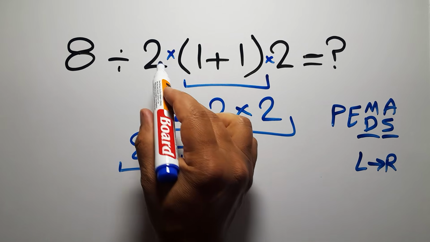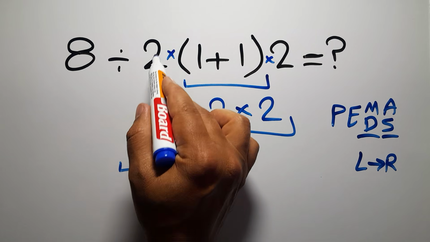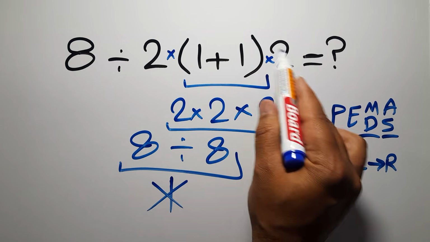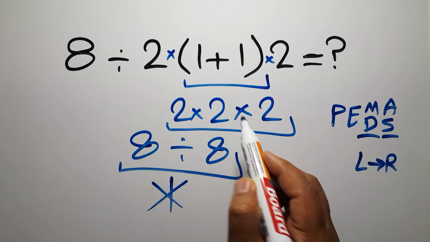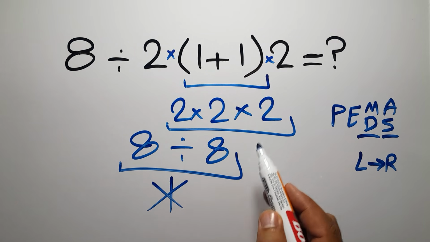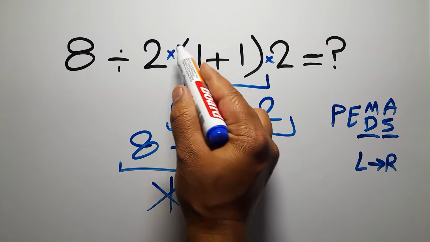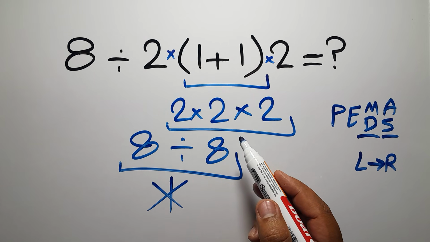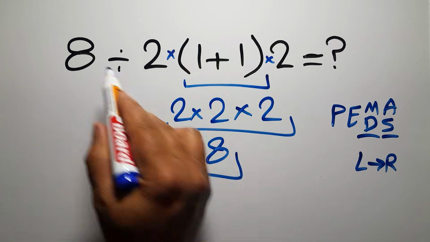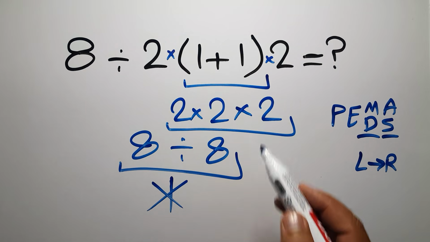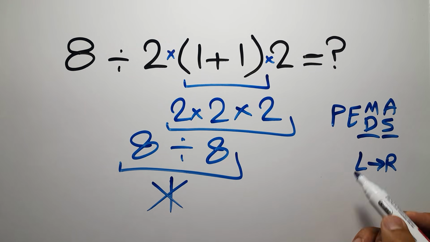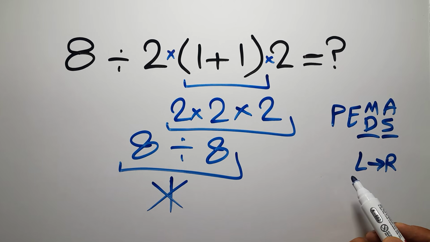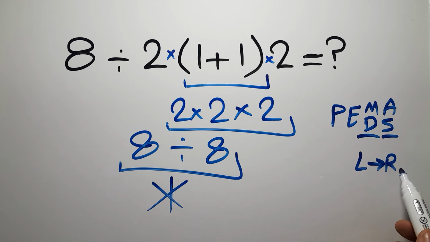We need to pay attention that in mathematics, when a number is placed next to parentheses, it means multiplication, and we usually don't write the multiplication sign for brevity. So first we do this parentheses, and after this parentheses we have one division and two multiplications. So, as I said, multiplication and division have equal priority and we have to work from left to right.